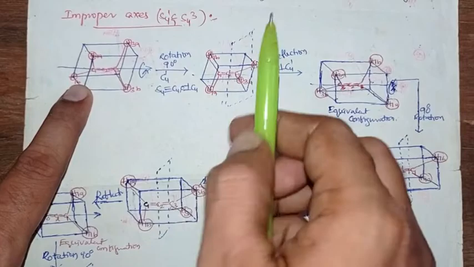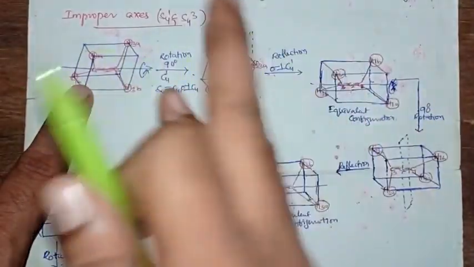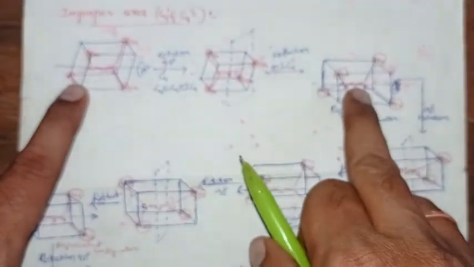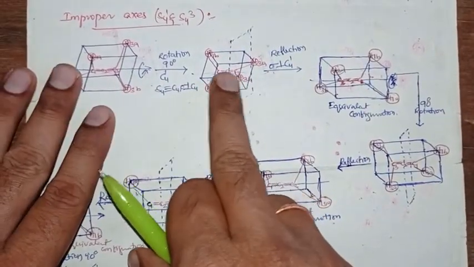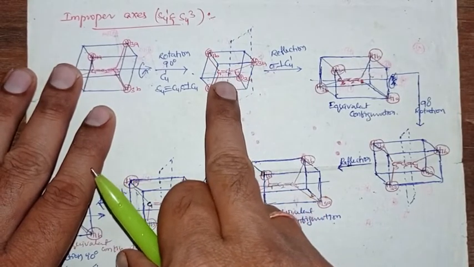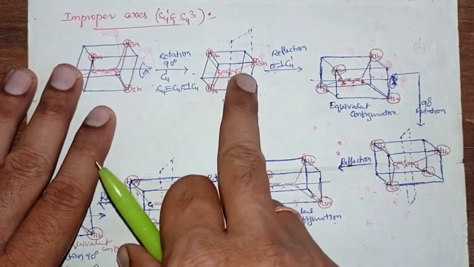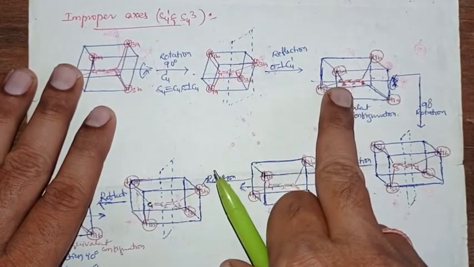C2 is bisected into equal halves, left and right, and they reflect each other, while the middle carbon retains its position. Carbon 1 and carbon 3 have the same distance from the center plane, so they reflect each other: carbon 3 comes to the left side and carbon 1 to the right side.